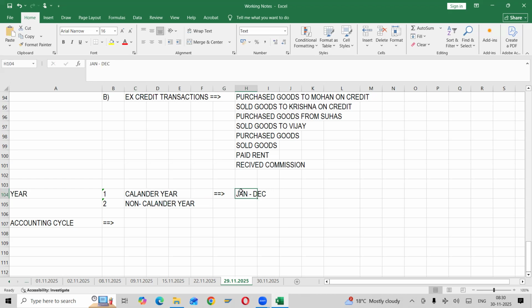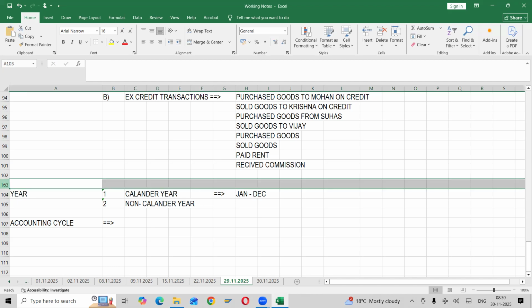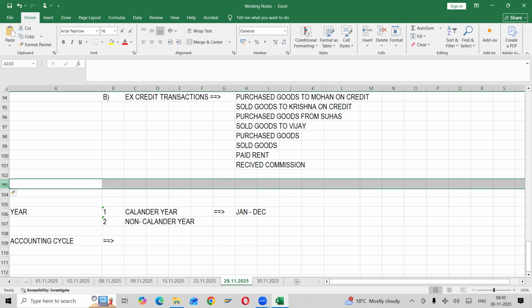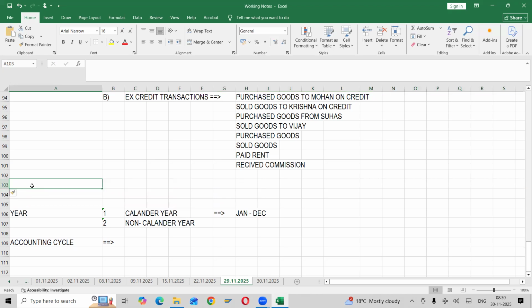So normally we have one more I would like to discuss: accounting year, financial year. In SAP, we call it a fiscal year. So here we have the terms accounting year, financial year, and fiscal year.